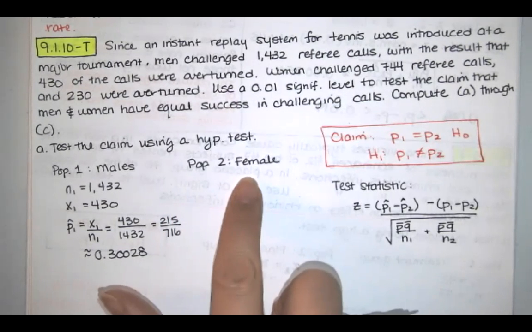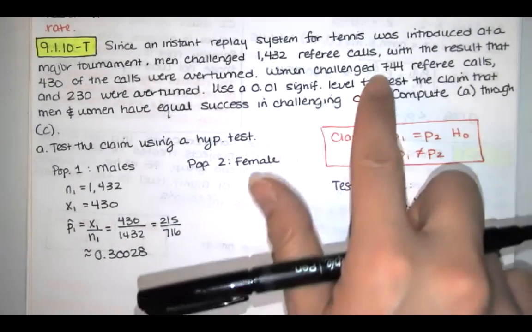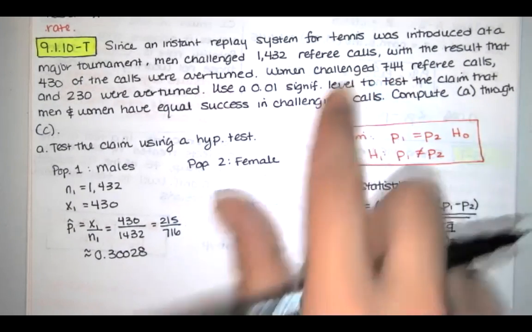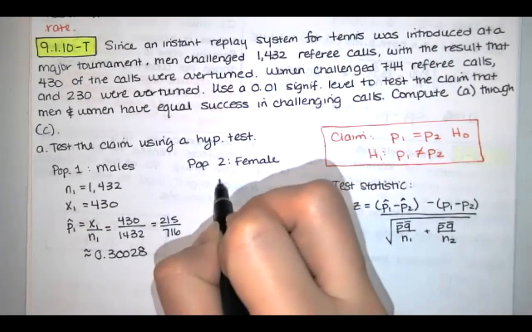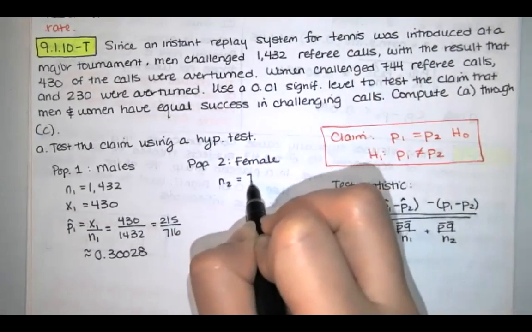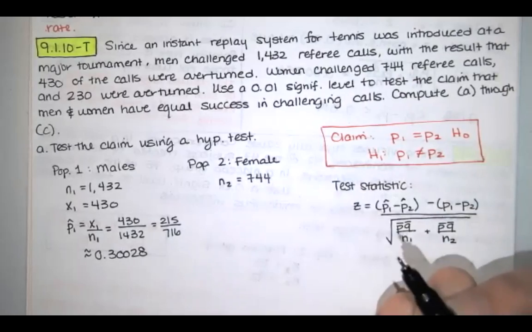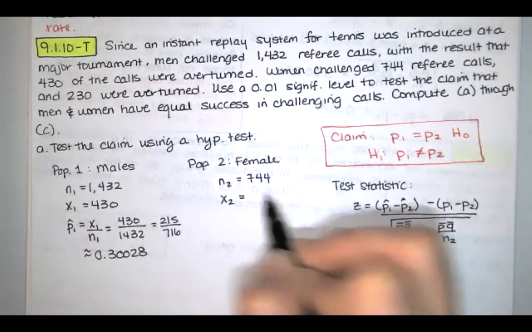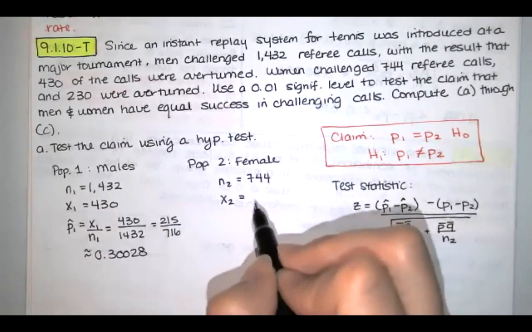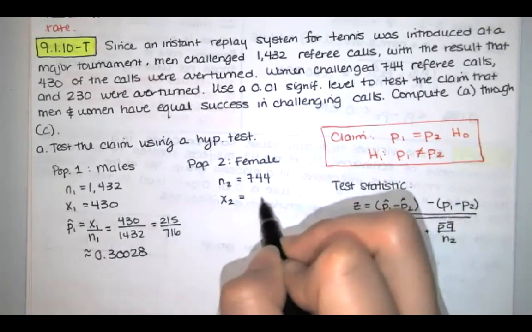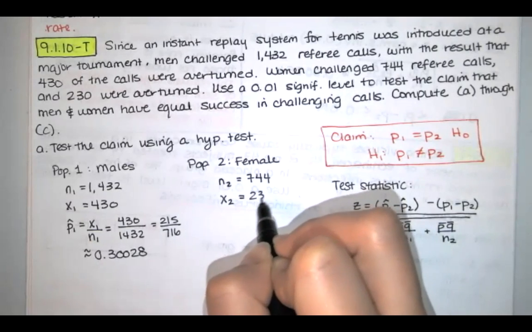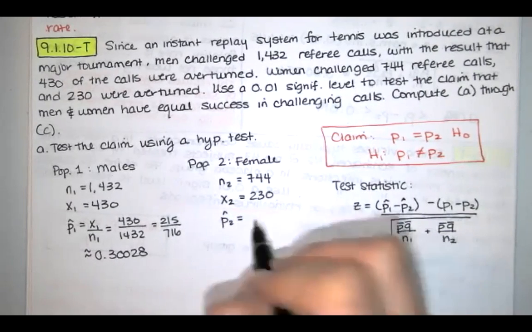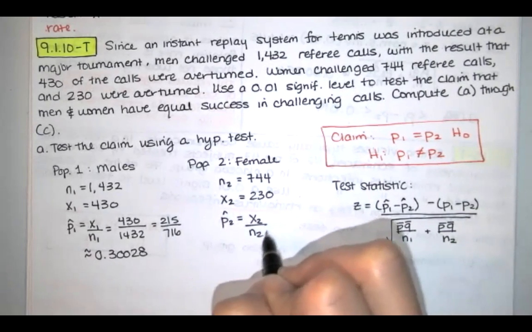Then we want to do the same thing for the second population. We have 744 challenges to referee calls from women. So the sample size there is 744, and 230 of those were overturned. If we think of an overturned call as a success, then the number of successes is 230 in this sample. So the sample proportion is just x2 over n2.